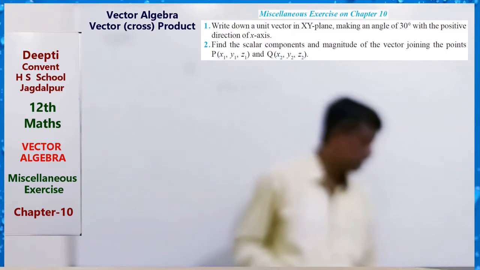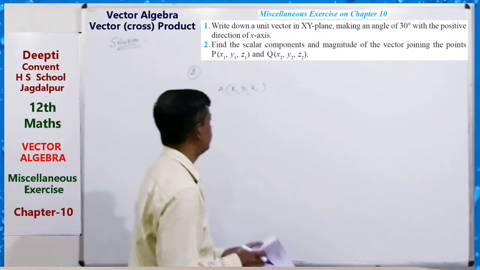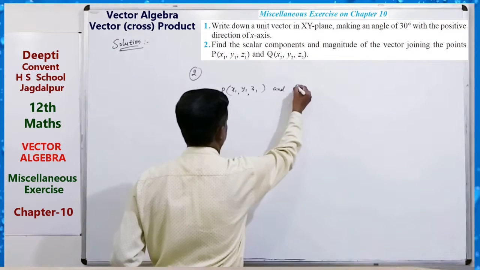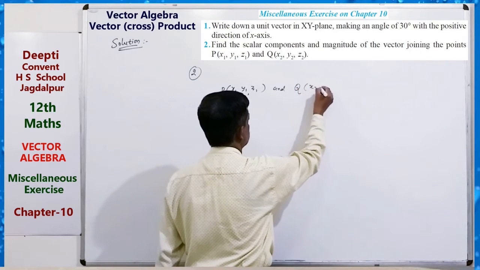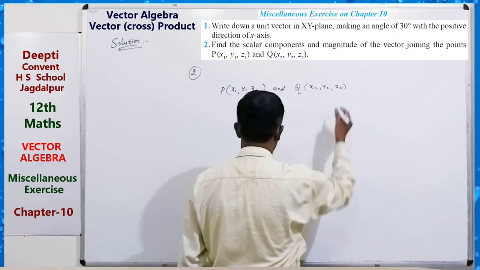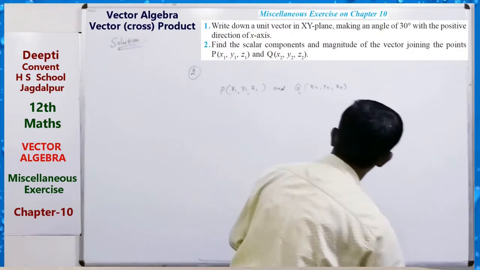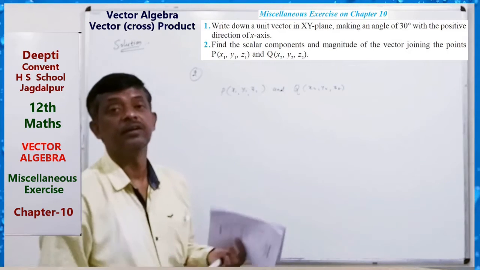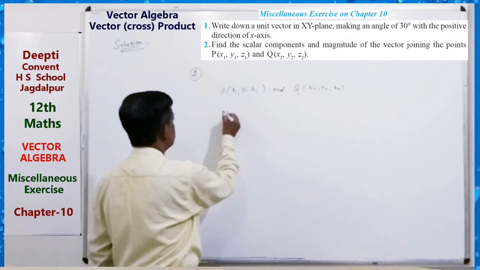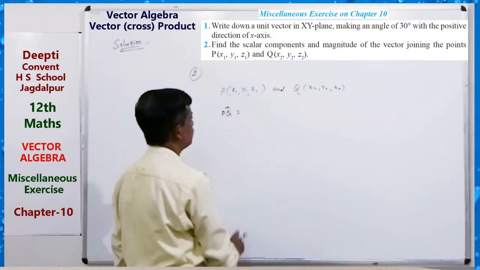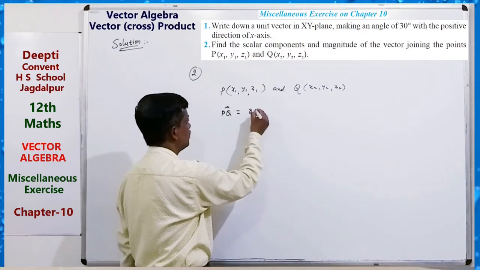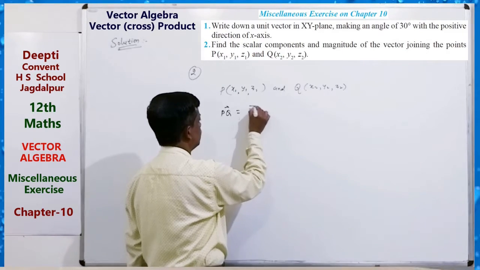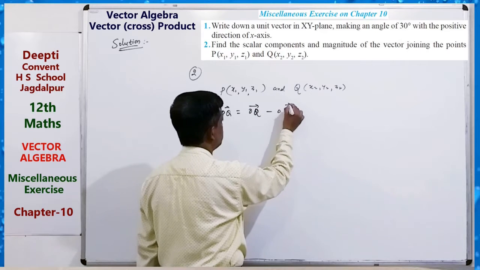So find the scalar components and magnitude of the vector PQ. This is P and the second point is Q, x2, y2, z2. Clear? Joining these two points, we get the vector PQ, which means vector OQ minus OP.